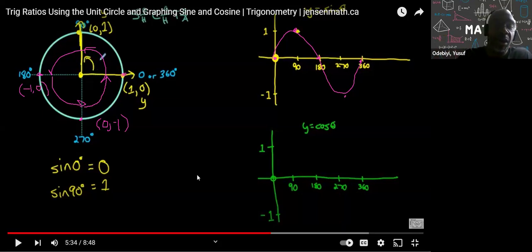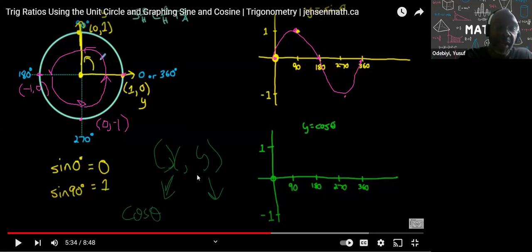Our coordinates on the unit circle are made up of our cos and sine. So we said here cos theta equals x, and sine theta equals the y value.